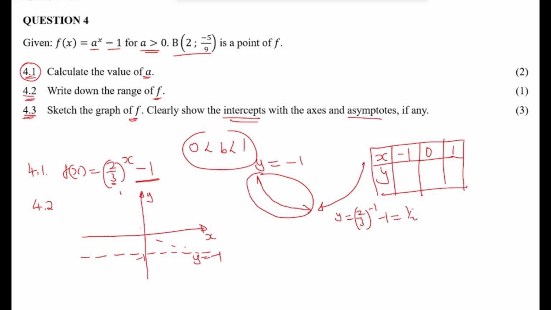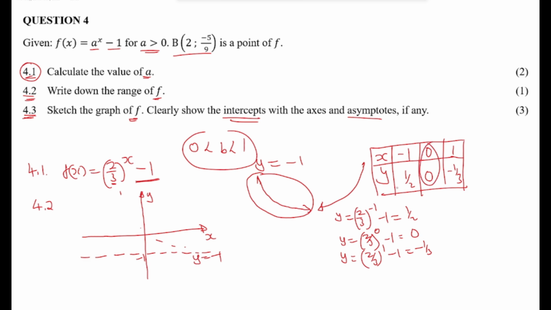We get 1 over 2, right? And then y is equal to 2 over 3 to the power 0 minus 1. What do you get? We get 0. And then y is equal to 2 over 3 to the power 1 minus 1, which is negative 1 over 3. These 3 points are enough to give you the shape.